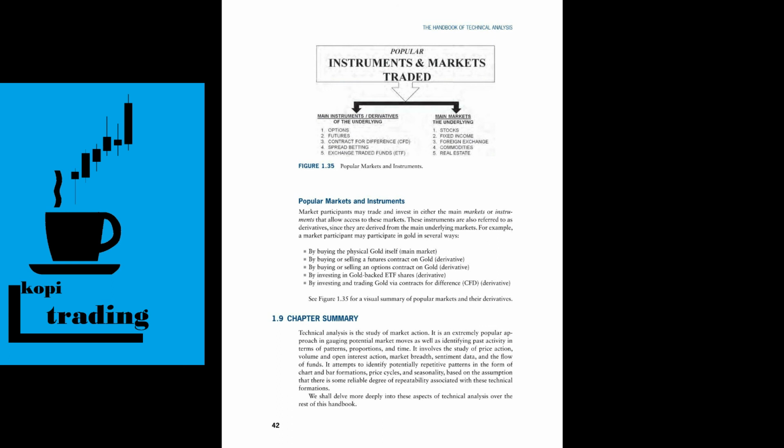It attempts to identify potentially repetitive patterns in the form of chart and bar formations, price cycles, and seasonality, based on the assumption that there is some reliable degree of repeatability associated with these technical formations. We shall delve more deeply into these aspects of technical analysis over the rest of this handbook.